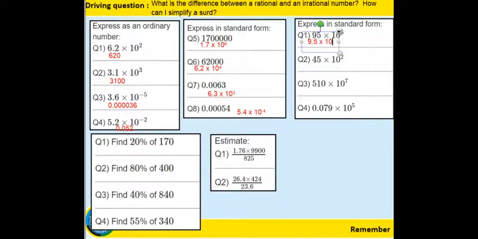So that will be 10 to the power of 7. The 10's still there, just moved it from 95 over to the power of 10. Here's 4.5 multiplied by 10 to the power of, oops, I can't see that. So it was 10 squared, so it will be 10 cubed because I'm going to move the 10 from here over to here.